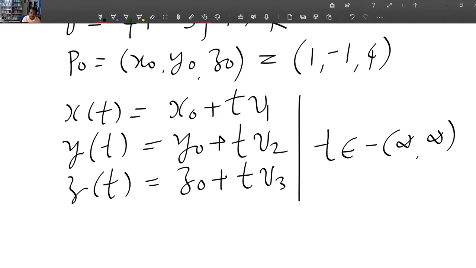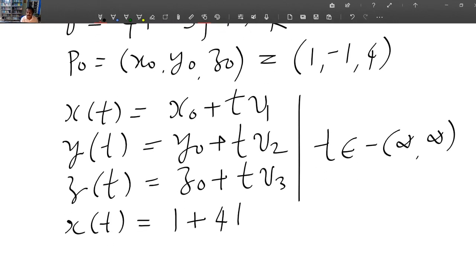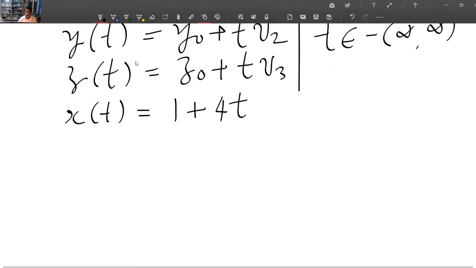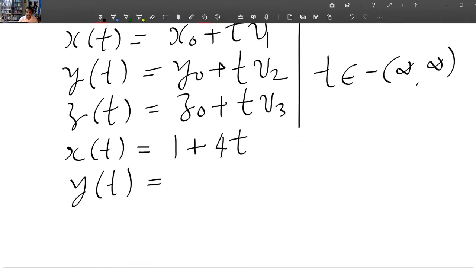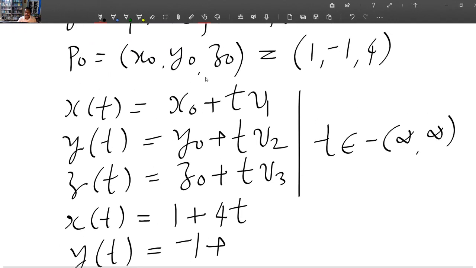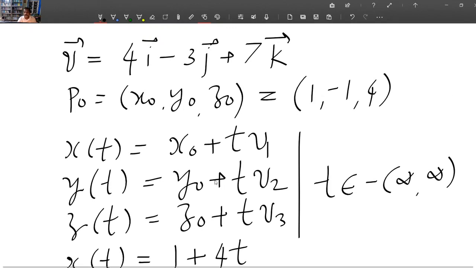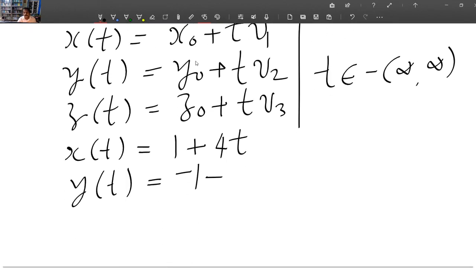So from this you can see that x of t is equal to 1 plus 4t, and y of t is y naught plus tV2, where y naught is minus 1 and V2 is minus 3, so minus 1 minus 3t.